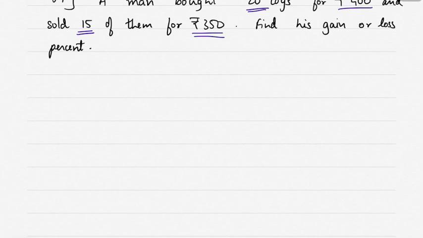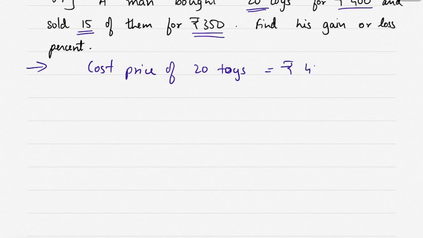First, let's compare cost price and selling price of one toy and solve. Okay, so you can write like this: cost price of 20 toys is rupees 400.